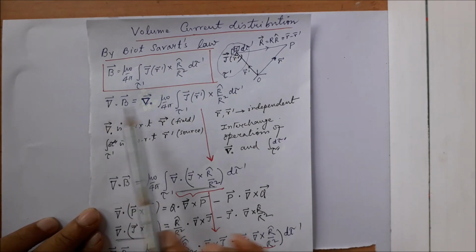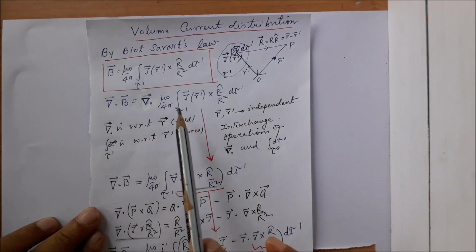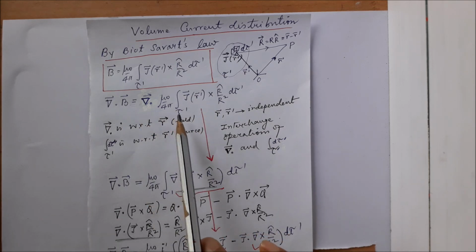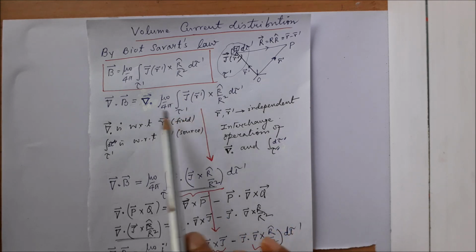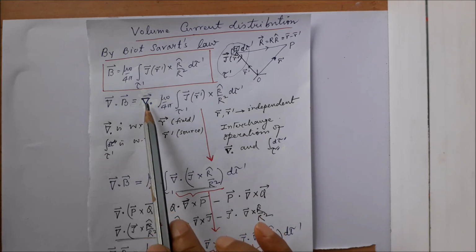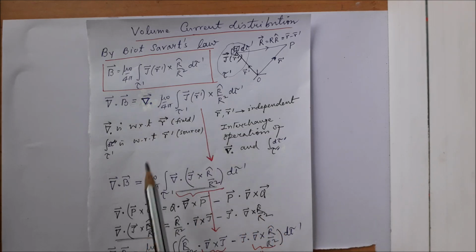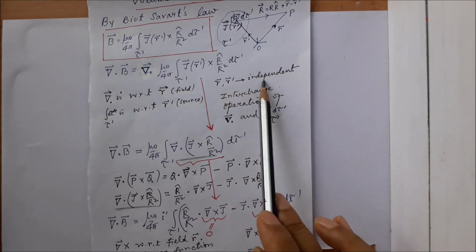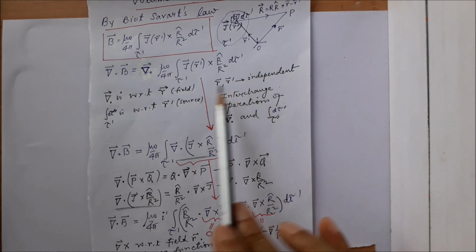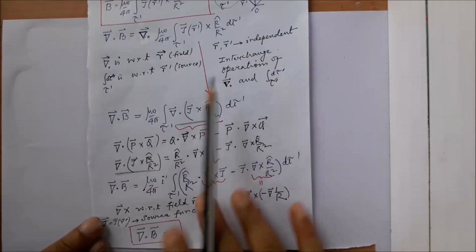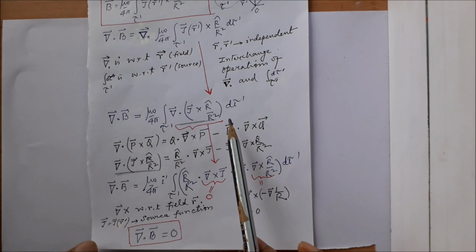So divergence sits over here, and a study of this expression shows that here also we have two operations. One is integration over source and the other one is taking divergence with respect to the field coordinate. Now since field coordinate and source coordinate are independent, we can interchange the order of operation, and if we do that, we end up with this expression.